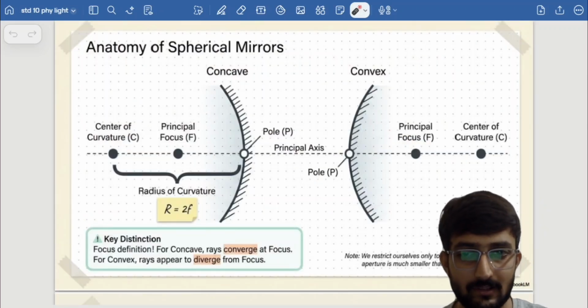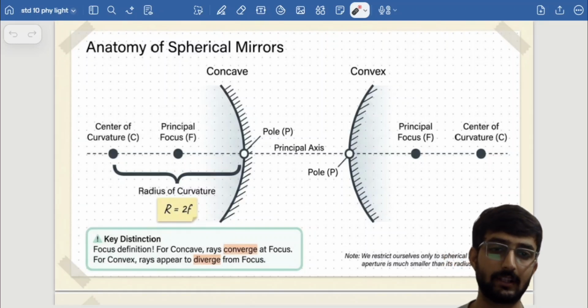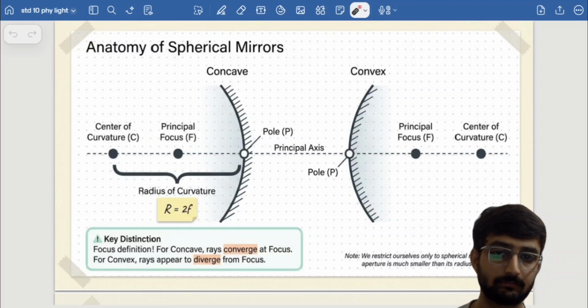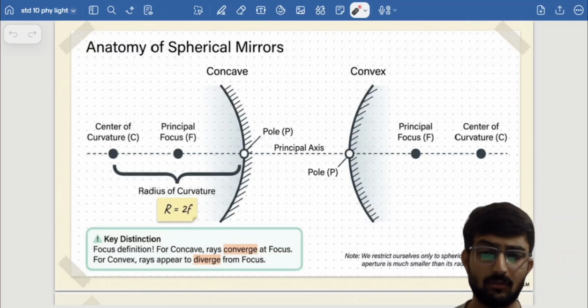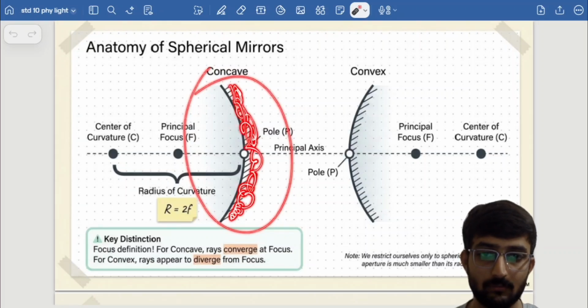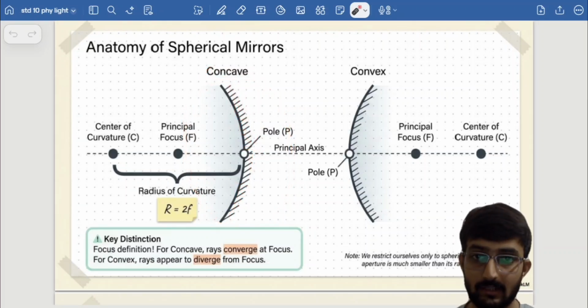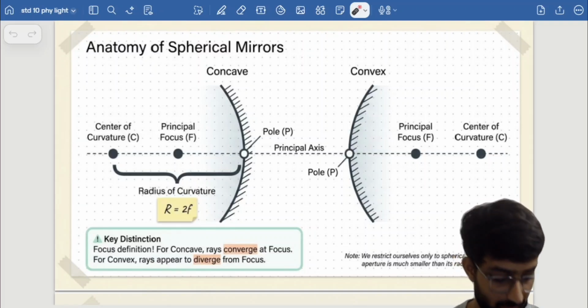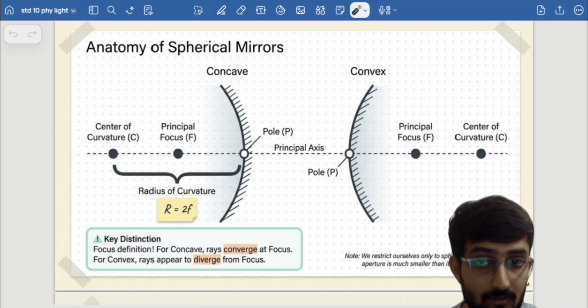Okay, now let's step out of the flat world and enter the realm of spherical mirrors. Imagine a hollow glass sphere. If you cut out a slice and paint the outer bulge, as you can see, that outer bulge, you get a concave mirror, whose reflecting surface curves inward like a cave.